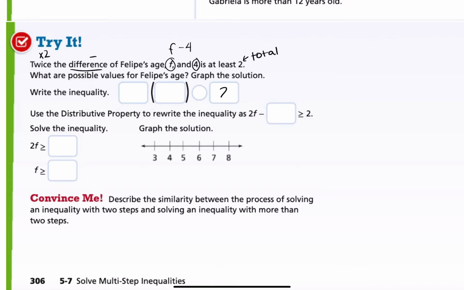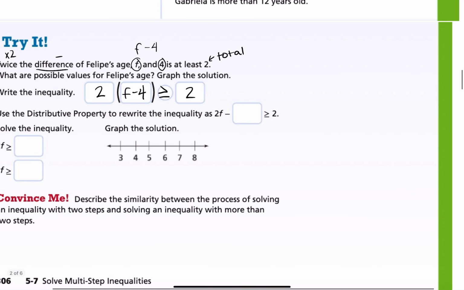We know our total is going to go over here by itself. And then since we're multiplying by 2, 2 is what is out front. And then his age minus 4. Now at least. At least means it can be greater than 2 or equal to 2.